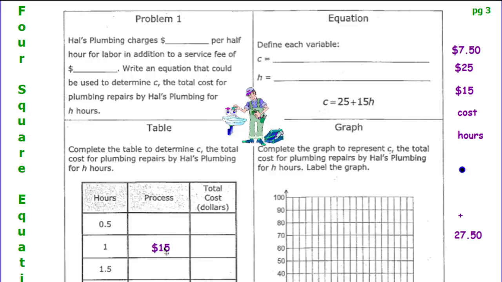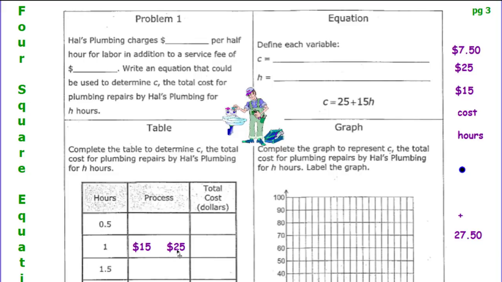So for 1 hour of work, it's going to cost us $15, but it's $15 times an hour plus the 25 that you're going to have to pay.